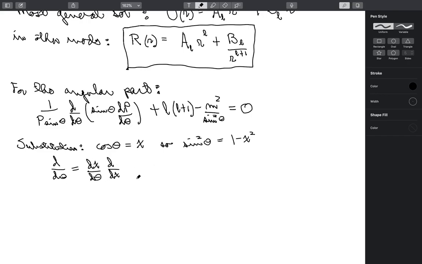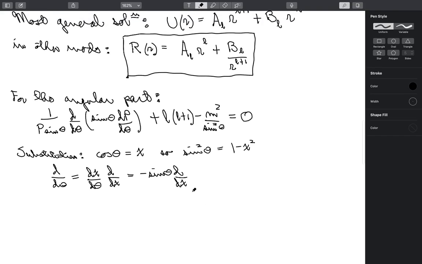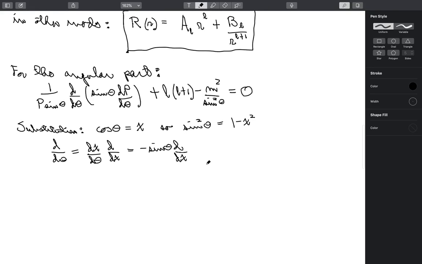So this is just the normal chain rule that tells you that d d theta you can rewrite as minus sine theta d dx. This is quite handy because this sine here, you'll see we can play with it. So looking at this thing, the d d theta here we replace by minus sine theta d dx.